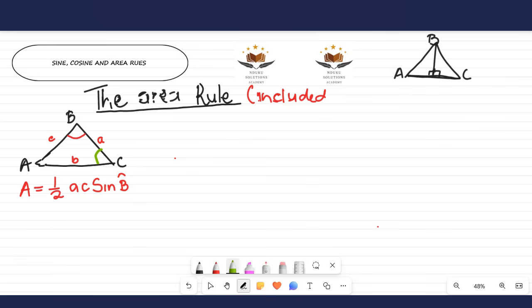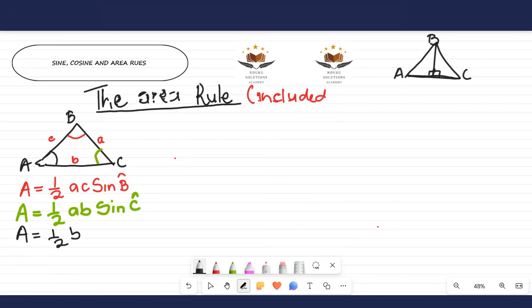The same is also true if we were to use C. Our area will be 1/2. Then we'll use AB and then the sine of C, because C is an included angle. And then if we were to use angle A, our area will be 1/2.